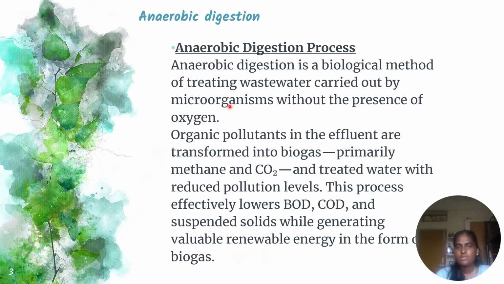The microorganisms utilize the organic matter for their metabolic activity and convert it into simpler molecules, and it produces biogas, primarily methane and carbon dioxide. The treated water has a reduced pollution level. This process efficiently lowers the BOD and COD levels and suspended solids while generating valuable renewable energy in the form of methane and biogas.